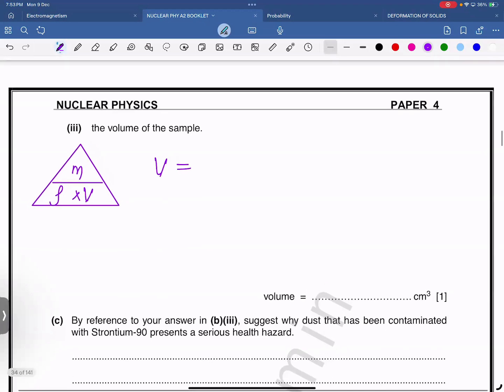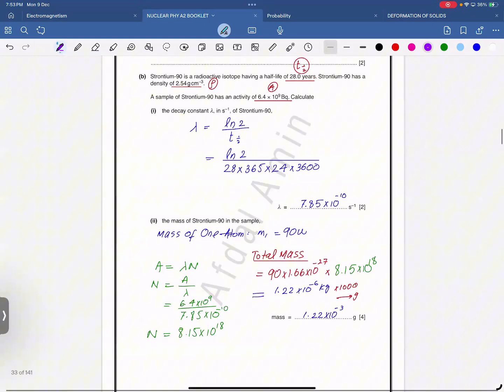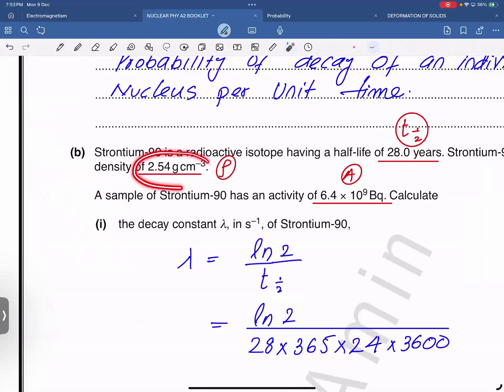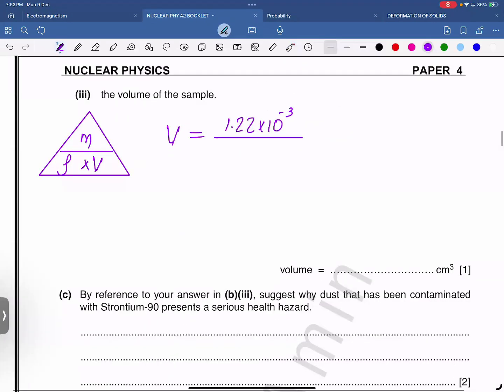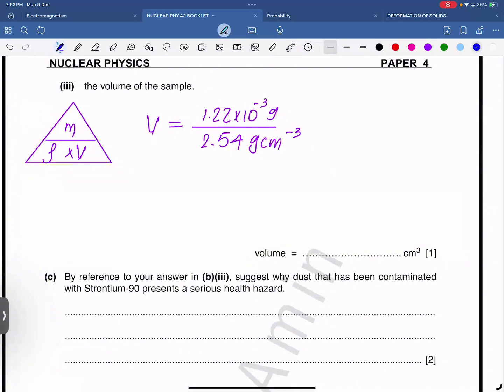So volume is the mass you have in grams, 1.22 times 10 power -3, over the density, which is given here as 2.54 gram per centimeter cube. Again, give me 3 significant figures for the answer to this question. -4.